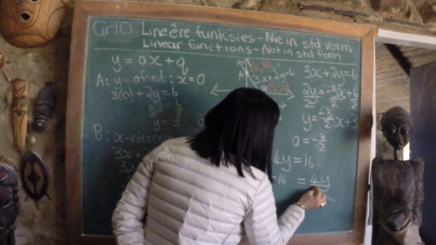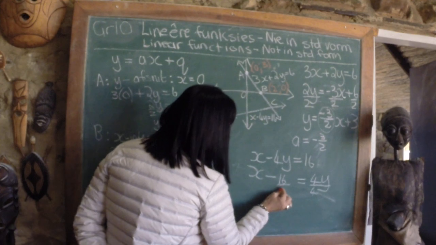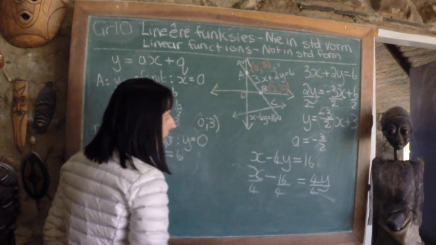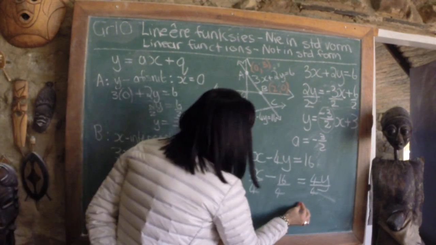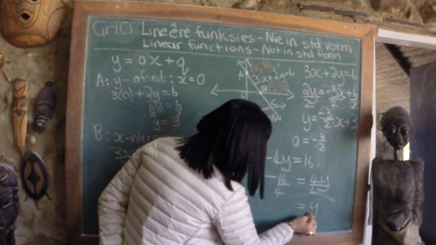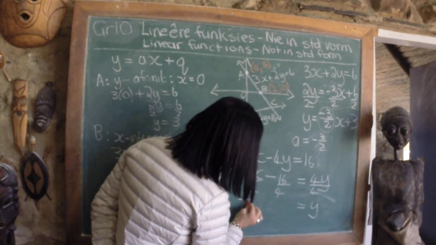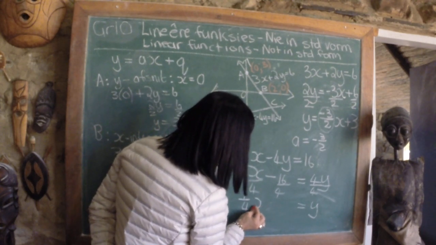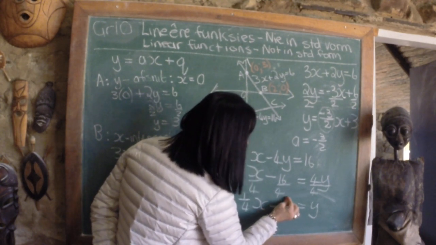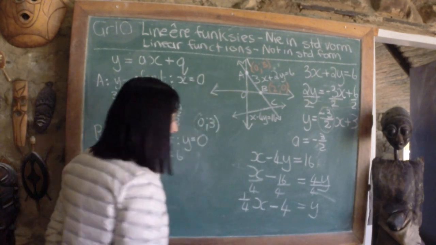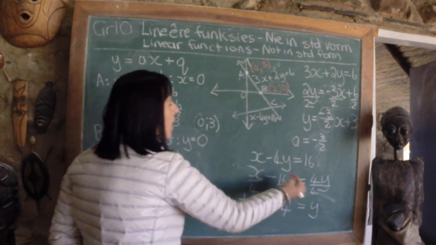Nou kan ek elke liewe term gaan deel met 4. And now I can write down the equation in terms of y. So ek het 'n kwart, skryf hom vorentoe, x minus 4. So now I can just swap these.